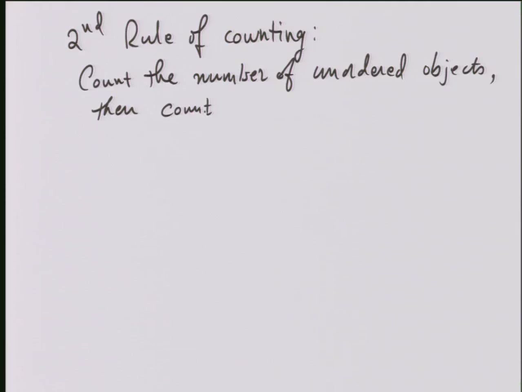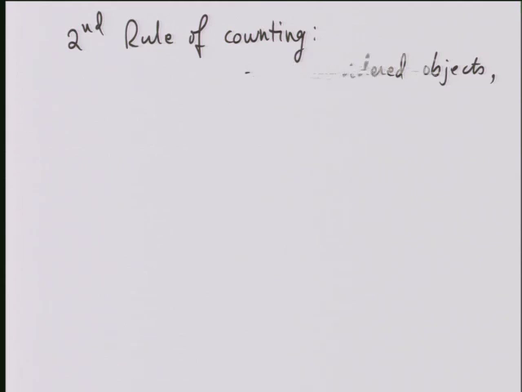Okay, let me say this a little bit better. Actually, why am I bothering to do this? Let's first do an example and then come to the actual rule. So let's go back to the example that we had before of a poker hand.